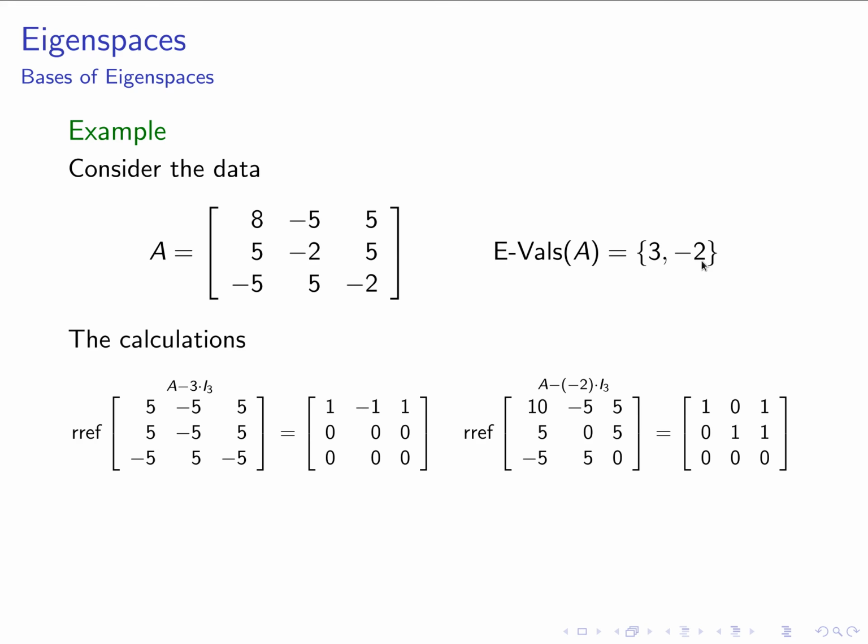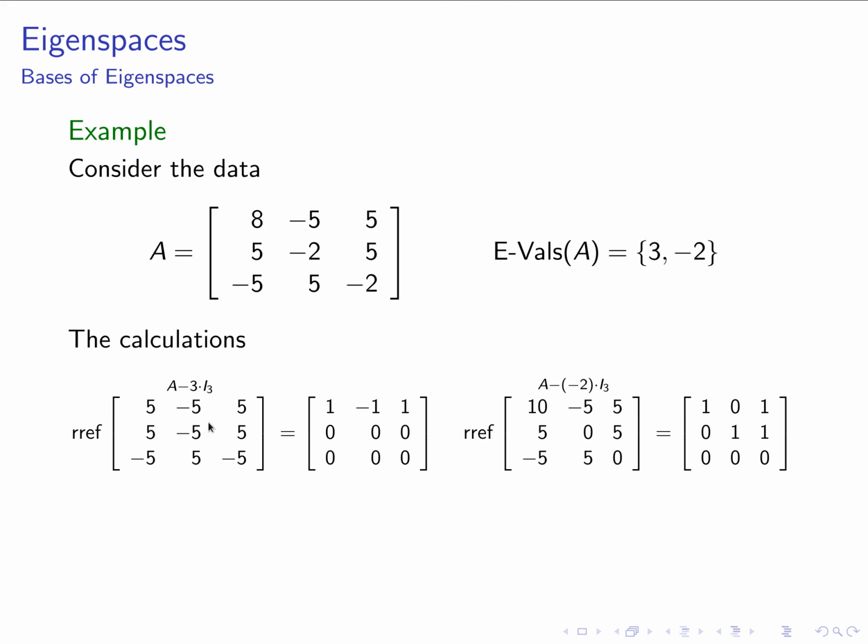By definition, the eigenspace for lambda equals 3 is the null space of A minus 3 times the identity matrix. Well, A minus 3 times the identity matrix can be found by subtracting 3 from each diagonal entry in this matrix. So 8 becomes 5, -2 becomes -5, and -2 becomes -5.